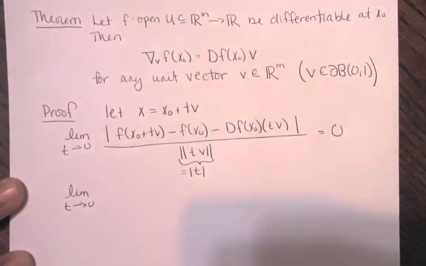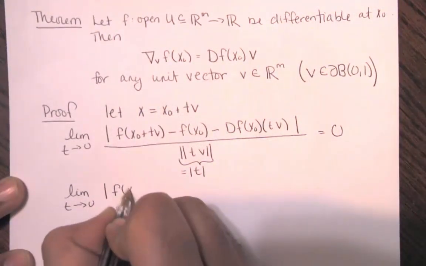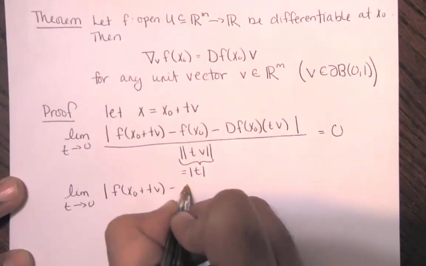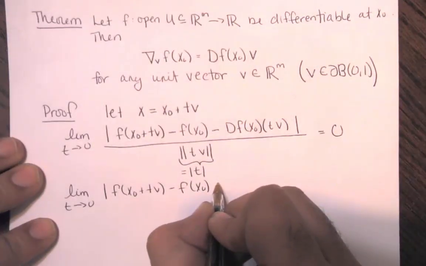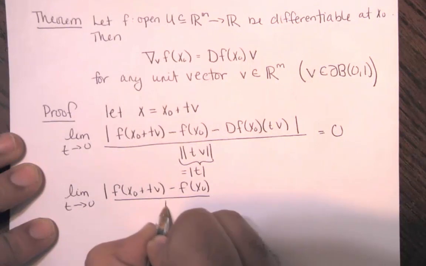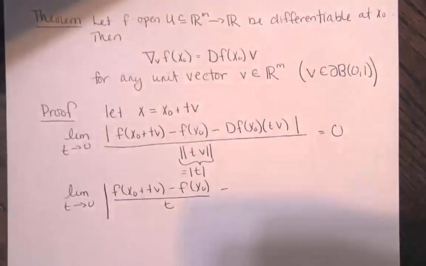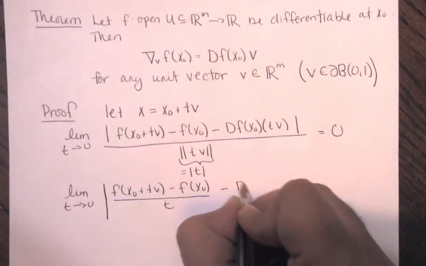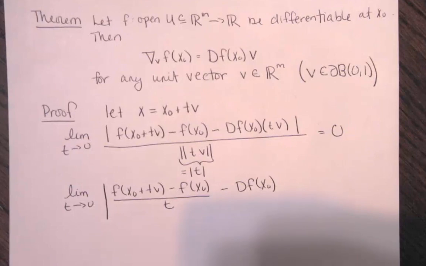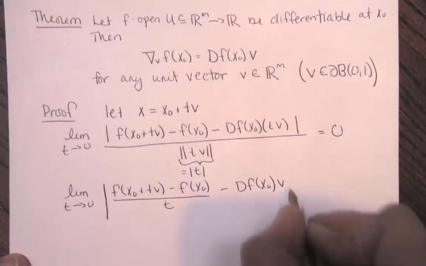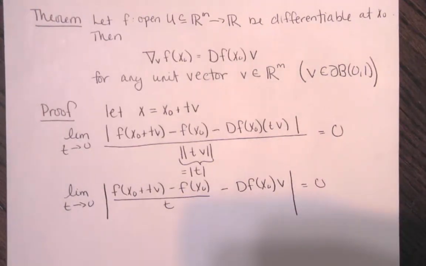So the limit as t approaches 0 of f of x naught plus tv minus f of x naught, divided by t, minus df of x naught times v, since this t and this t cancel, is equal to 0.